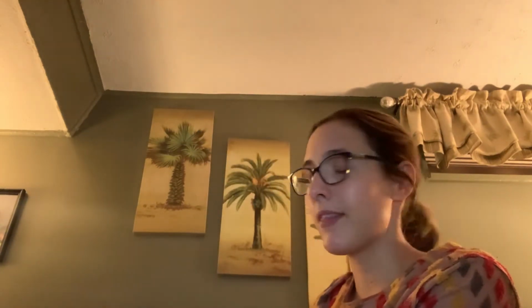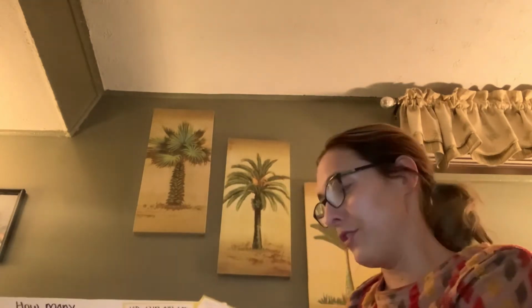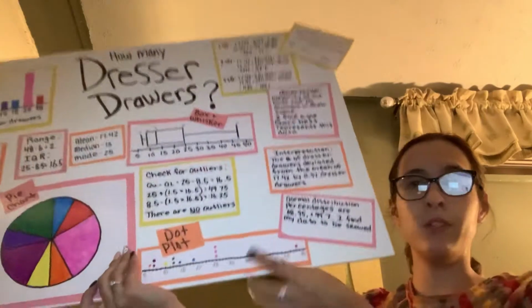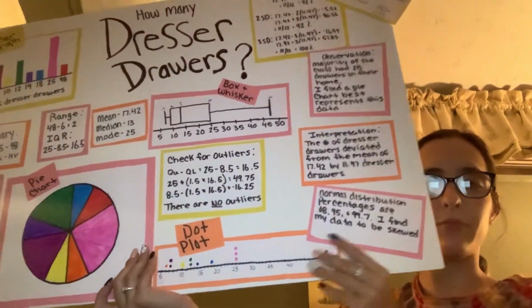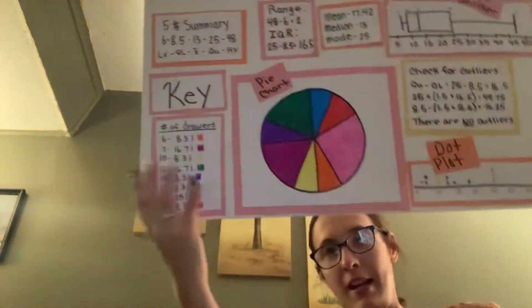We can go ahead and start with my poster then. Out of the 3 graphs that I chose, I did the bar graph, the pie chart, and the dot plot, and I'll show you those. Down here is my dot plot. This is my pie chart and the key, and then up in the corner we have the bar graph.